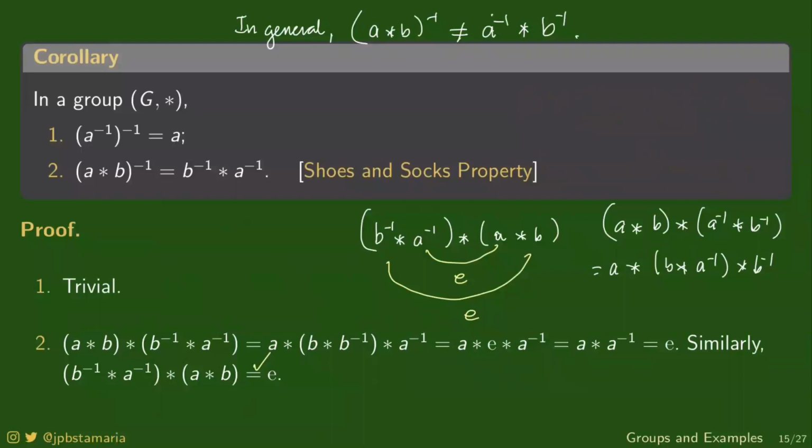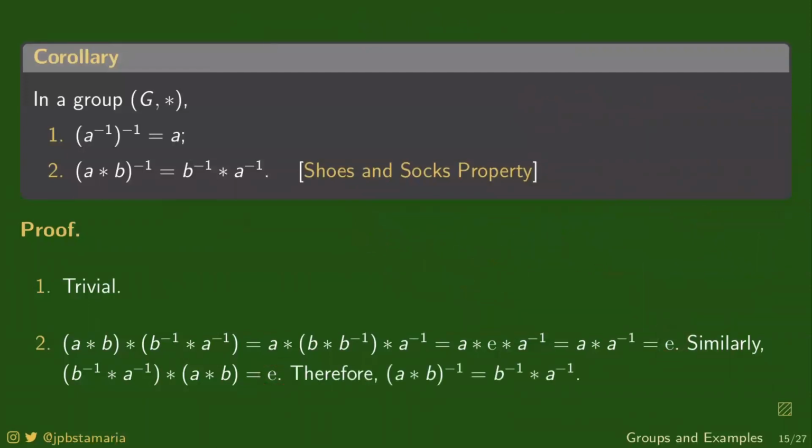I mean, in the algebra of real numbers, that's what we mean. And when you multiply this with AB from the left or from the right, you get the identity. That means to say it is the inverse of A times B. So when they are multiplied together, you get the identity. That's the proof of the shoes and socks property.